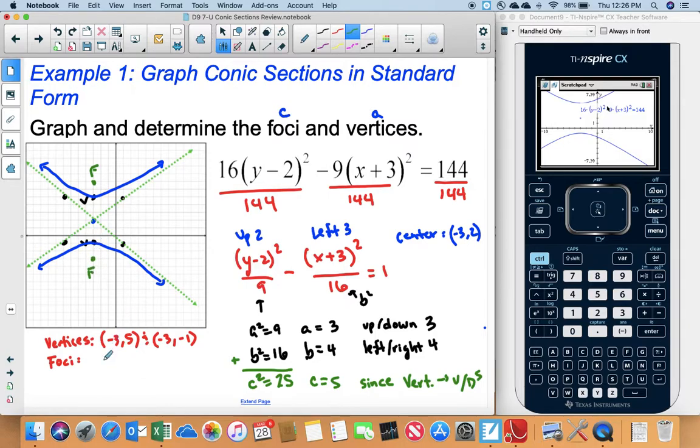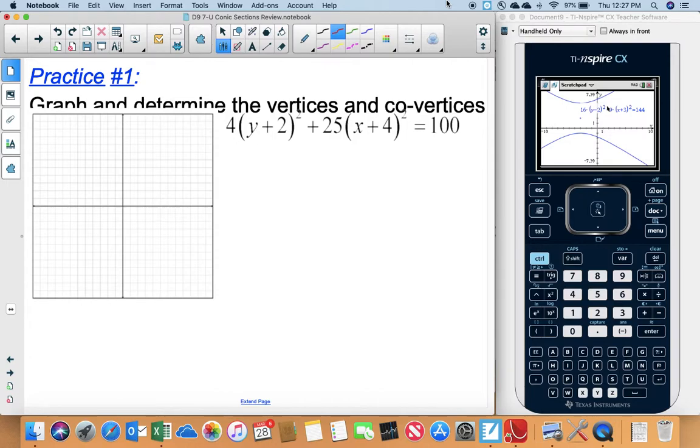To label them over here, this would be left 3, up 7, just 2 more than this one. And the other point would be 2 lower than this one. It would be (-3, -3). Let's check it. Left 3, 1, 2, 3, down 3, 1, 2, 3. Yep, and that's all the pieces to our hyperbola here. Now you have a couple for you to try.